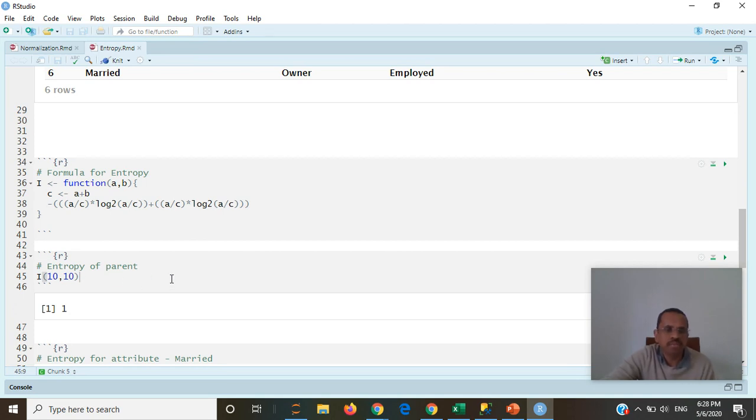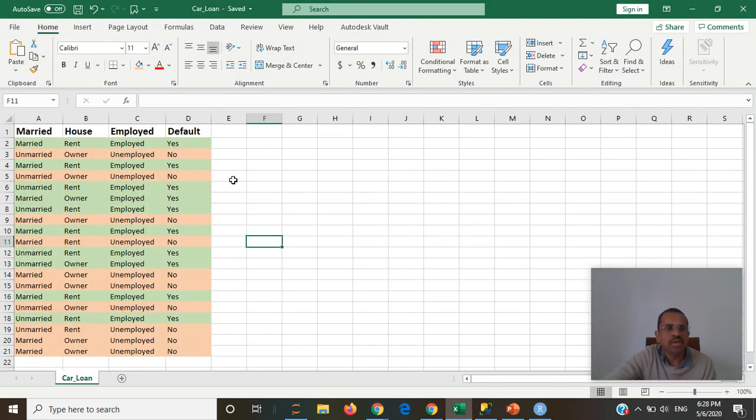To calculate the information gain of a particular table, we first calculate the entropy of the parent. Parent means we don't consider any attribute. We consider the total table as such. So we take this default column and count yes and no.